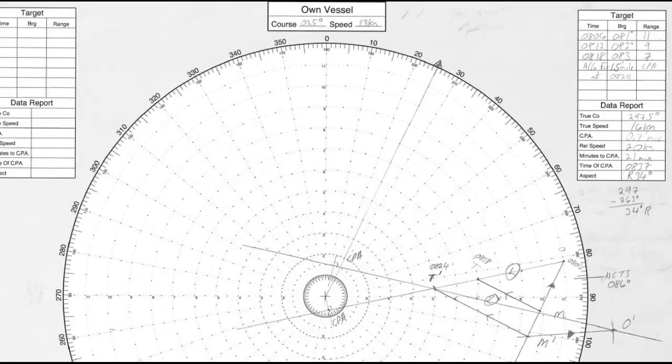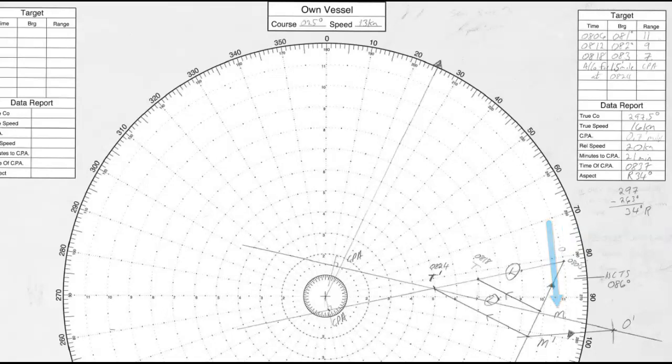As own ship course is changing, but not speed, set the dividers M1 to O, and with M1 as the center, scribe an arc turning clockwise until the divider crosses the new relative motion line at O1.